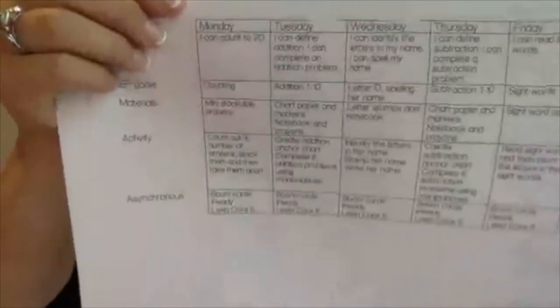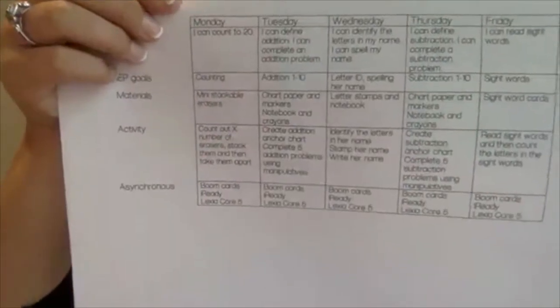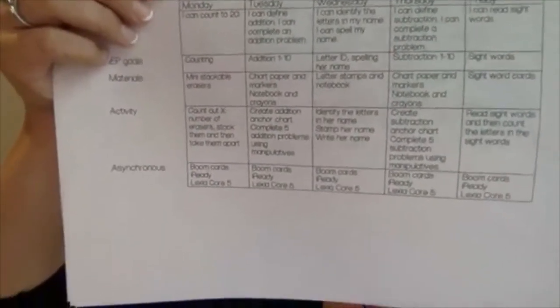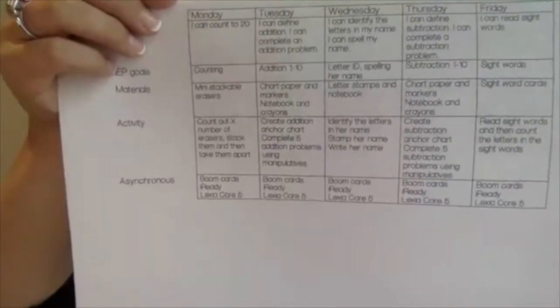And so you can see I can count to 20. The goal is counting. We're using mini erasers. Count out X erasers, stack them together, take them apart, and then her asynchronous is the boom cards, the iReady, and LexiaCore. And this goes through, you can see I do one distinct IEP goal a day with this specific student.